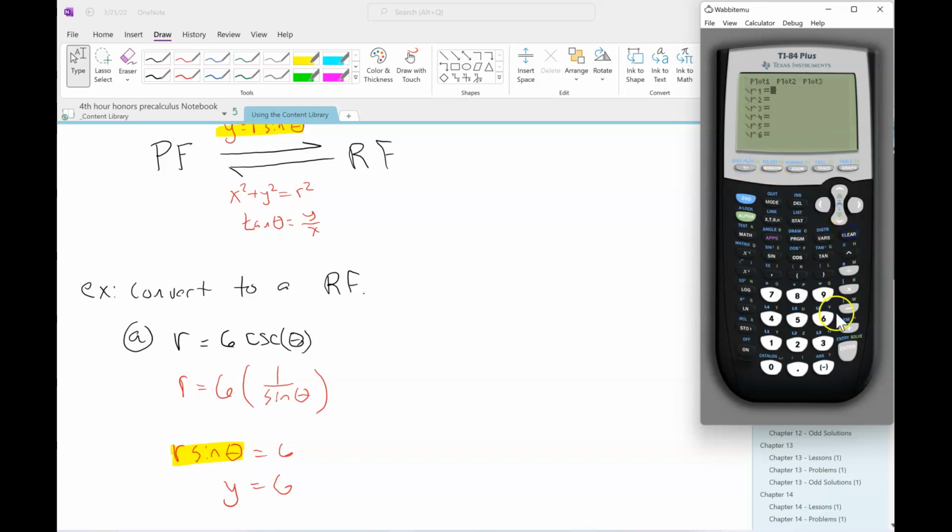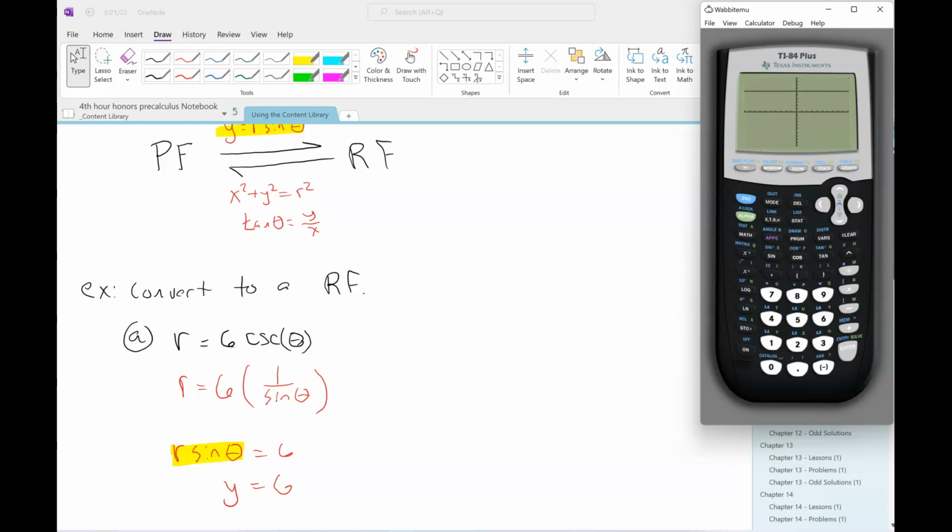And then if we want to graph this, we'll do 6, and we don't have a cosecant button on our calculator, so I'm just going to do divided by sine theta because I know that 1 over sine and cosecant are the same thing. Before I hit graph, I want to turn my axes back on. I turned them off in a previous class to demonstrate something. It's been a while since I've graphed something, so I'm just going to do the good old Z standard.